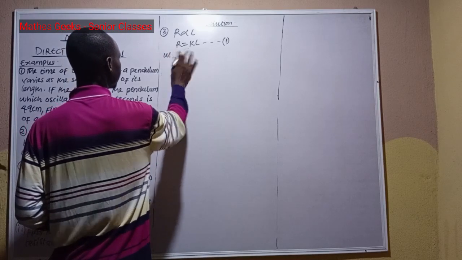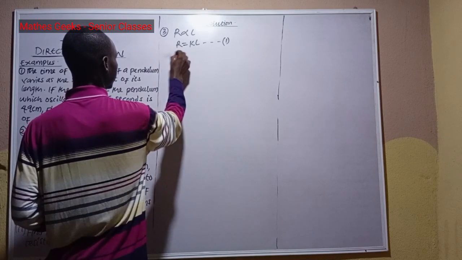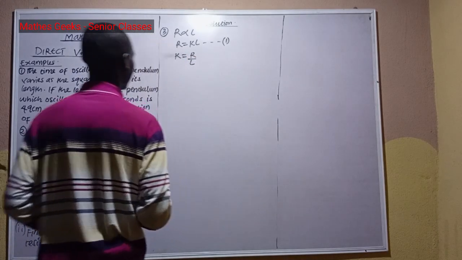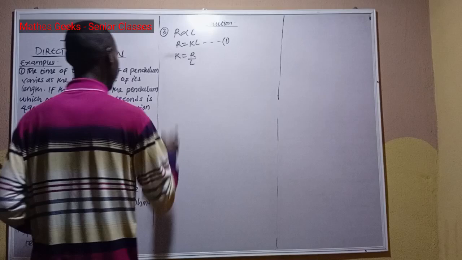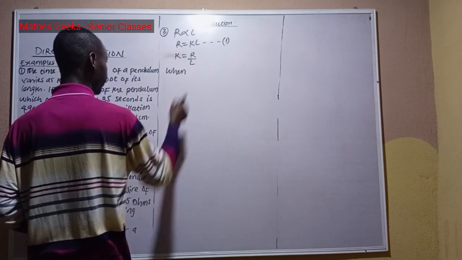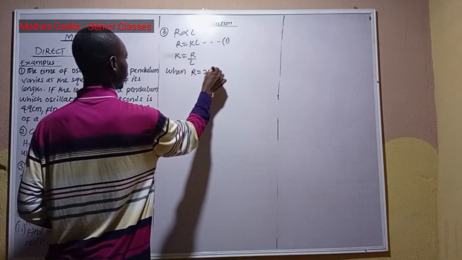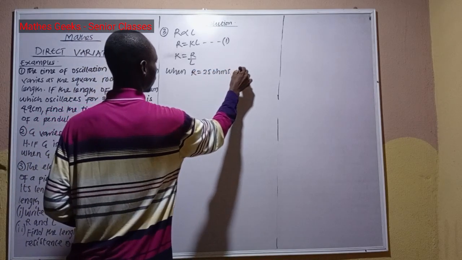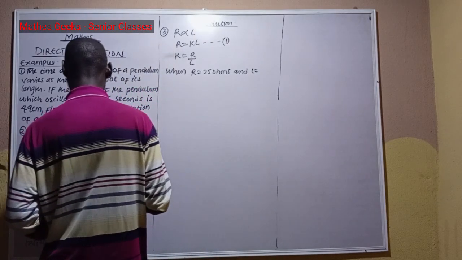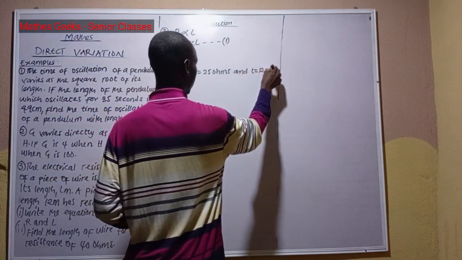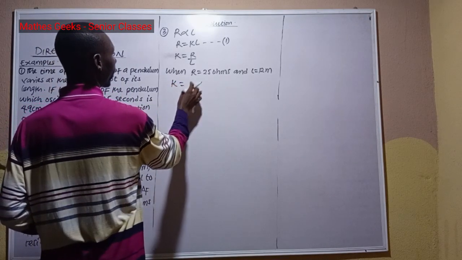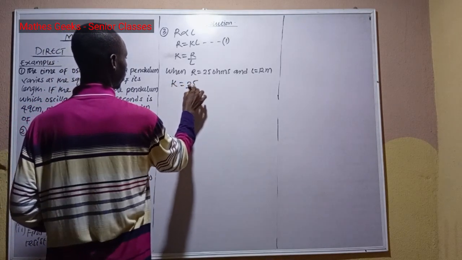Before we get the value of k, let's make k the subject of the formula. k is equal to R over L. So when R is 25 ohms and L is 12 meters, k is equal to 25 over 12.